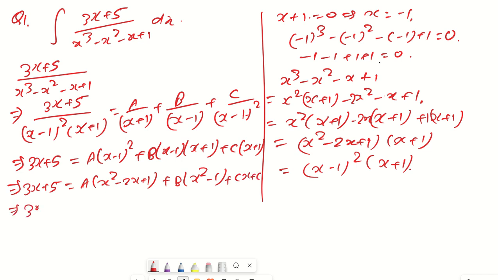Now if you multiply properly, we are going to get x square times (a plus b) plus x times (minus 2a plus c) plus the constant term, which is a minus b plus c.